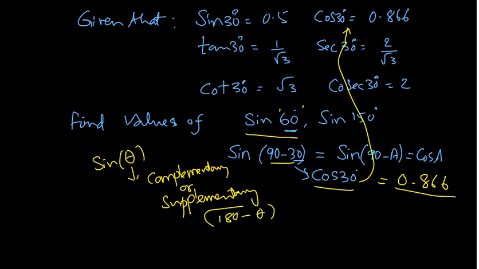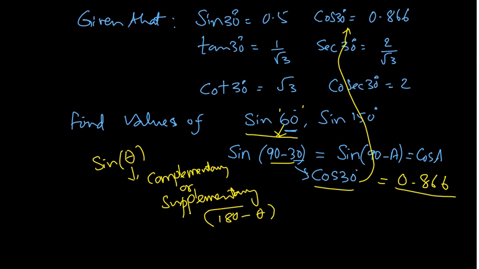Now, since it's 60 degrees, I better go with the complementary form. And therefore, I express the 60 as 90 minus 30. It can be pi by 2 minus 30 also. In this case, I did 90 minus 30 because numbers are easy to write down.